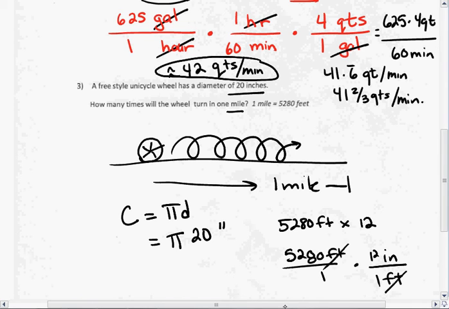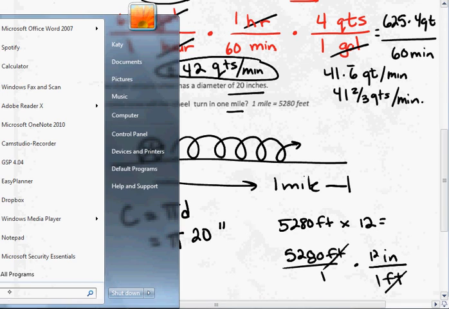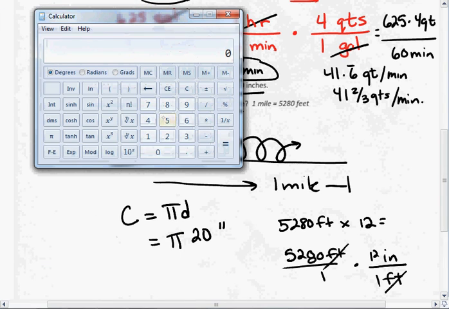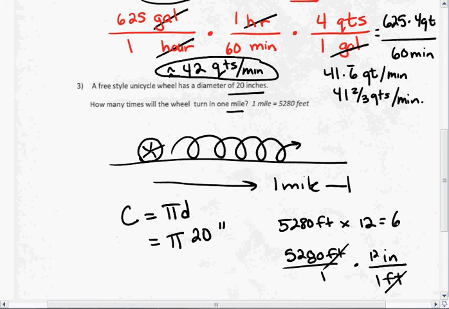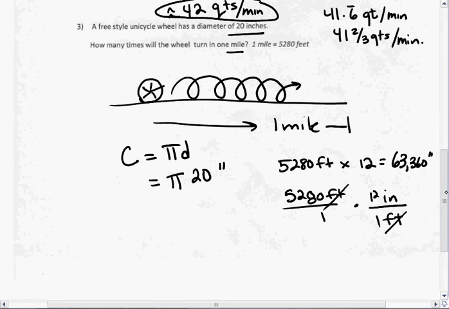I'll cancel out my feet and multiply 5,280 by 12. So back to the calculator we go. 5,280 times 12 is 63,360. 63,360 inches. That's the distance that this unicycle is going to travel.